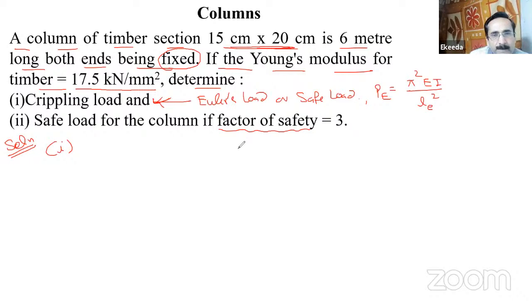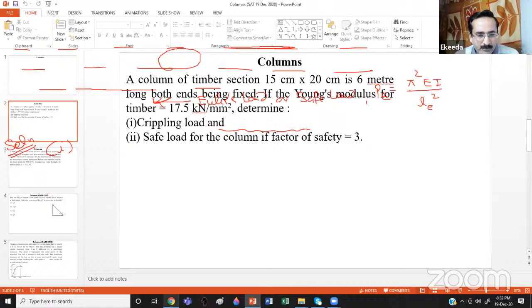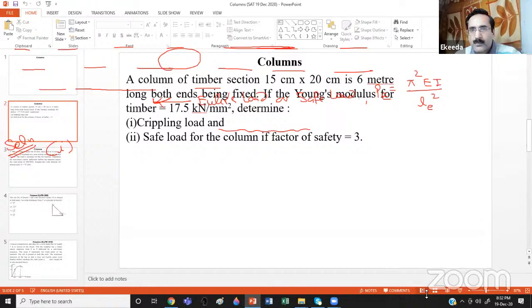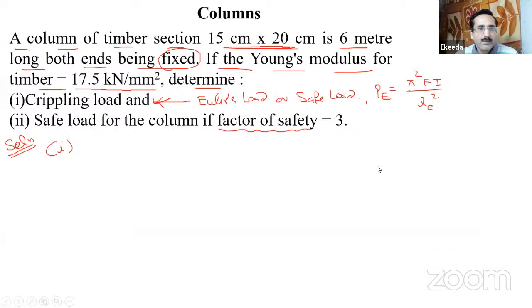In the first part, we have to find the crippling load. So E is given to us, and I is I. What is I?